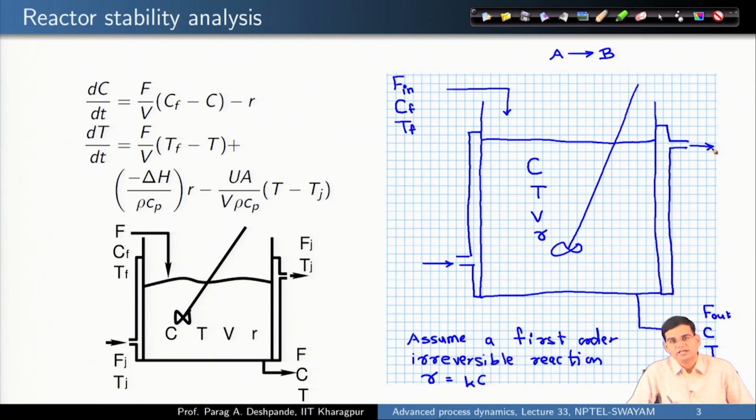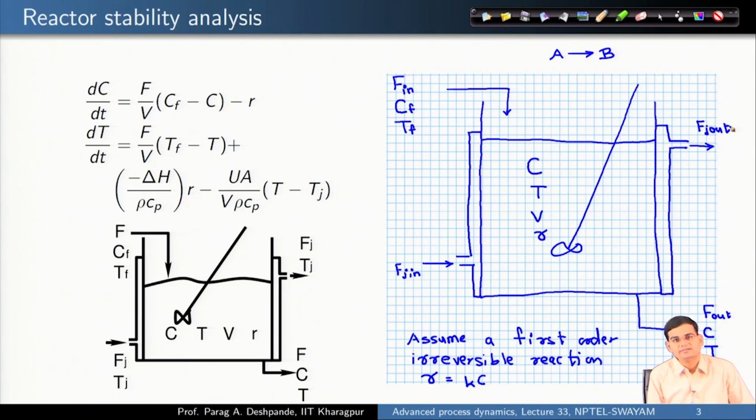Okay. So, again the volumetric flow rate of the cooling fluid can be denoted as F j in, volumetric flow rate of the jacket fluid or the cooling fluid at the inlet, and F j out.